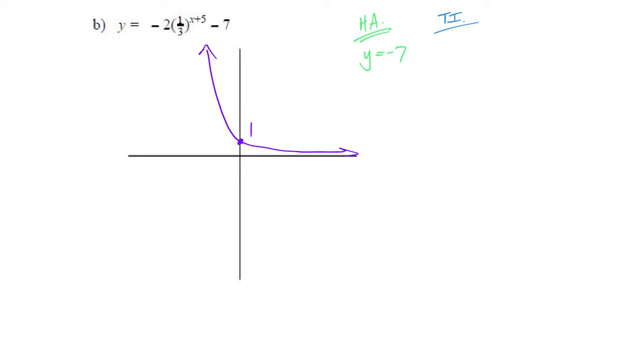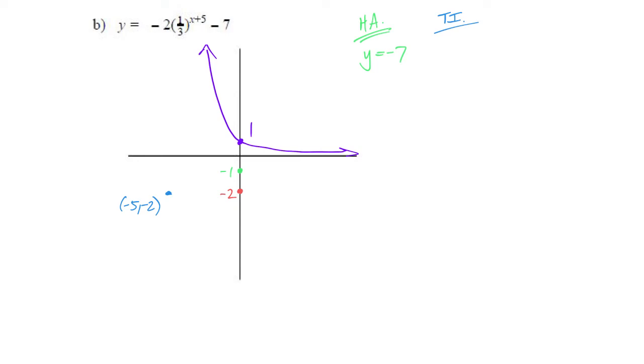We've got our old y-intercept at 1. I am going to reflect that across the x-axis. I'm now at -1. I need to vertically stretch that by a factor of 2. I am now down to -2. I need to shift that to the left 5. So I am now at the point -5, -2.